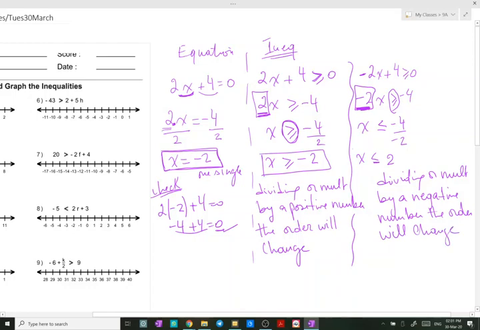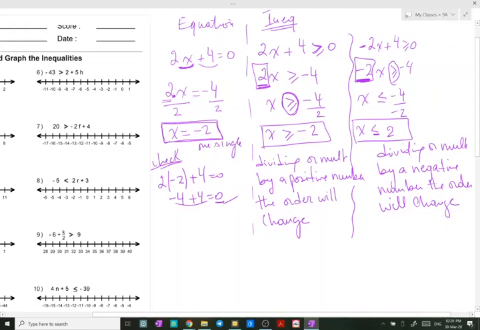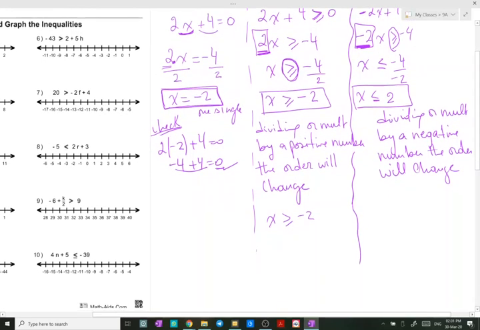Now let us come to the explanation of x greater or equal to minus 2. What are the numbers or the integers that x can take when you have this inequality? So x can belong to this set, starting with minus 2, minus 1 because x is greater, and 0, 1, 2, and infinity.